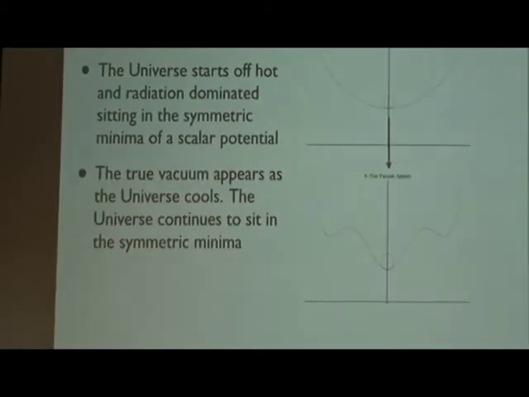So the basic scenario is that the universe starts off hot and radiation dominated, and therefore you sit at the symmetric minimum of the scalar potential. As the universe cools, the true vacuum appears, but you're still isolated at the symmetric minimum.